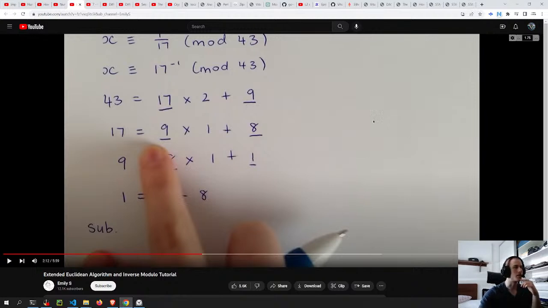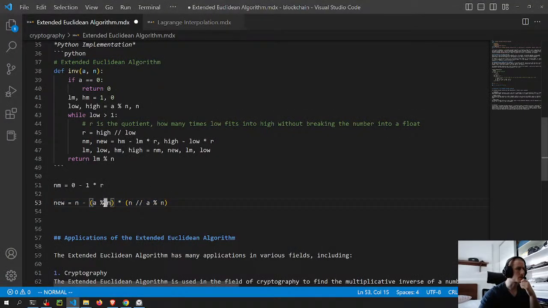Like 9 is the remainder, and the number here is the full division, like the quotient. So the quotient plus the remainder is going to be equal to the number here. But what does this have to do with this thing? It seems like it's not connected.